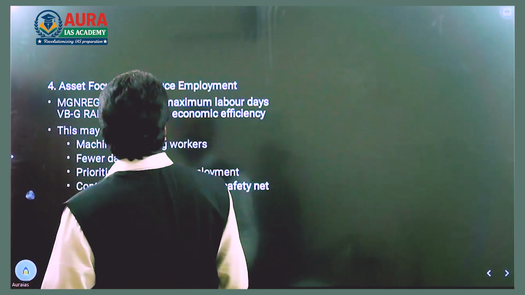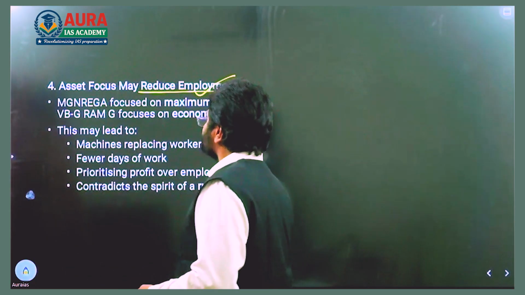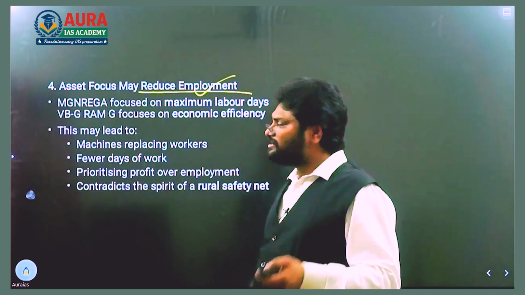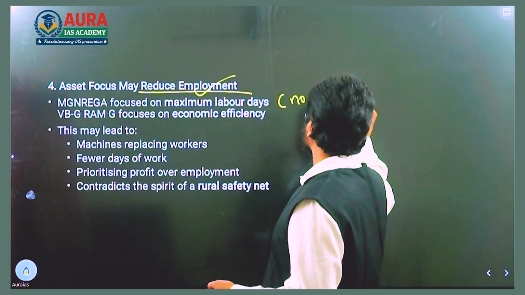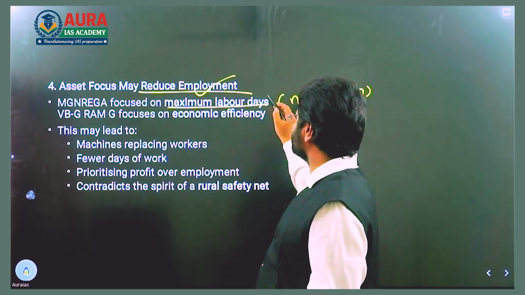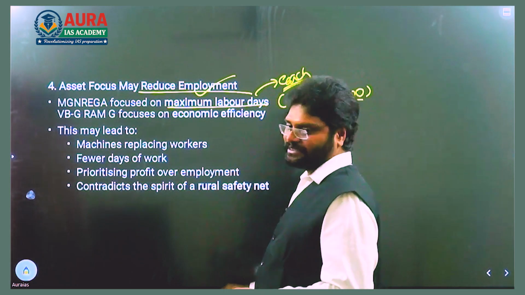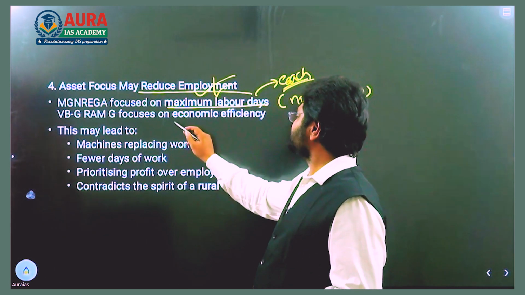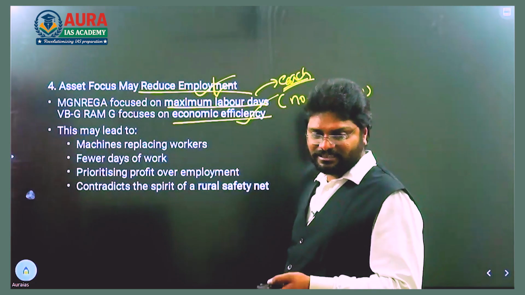Assets focus may reduce employment. In MGNREGA, with demand, there is no restriction on the number of days, though it is 100. But here, maximum labor days are sanctioned for each state based on the number of working days the state demands for the laborer. But here, for economic efficiency, they have introduced quotas for each state.